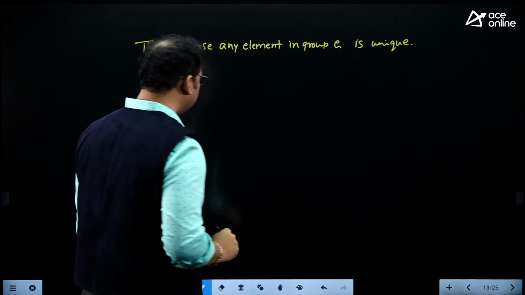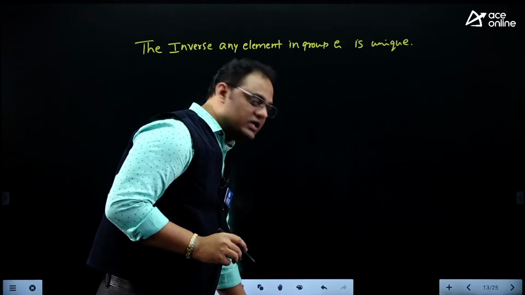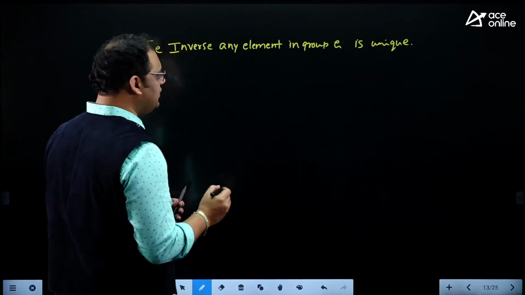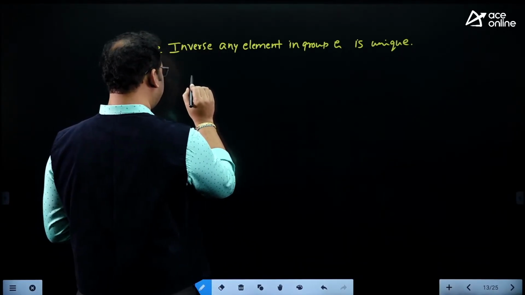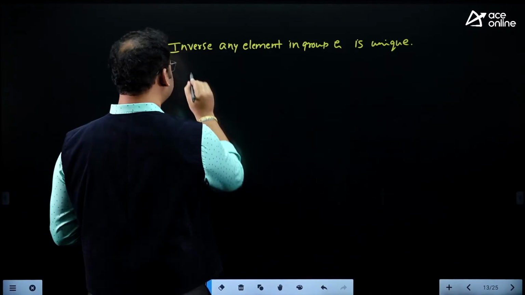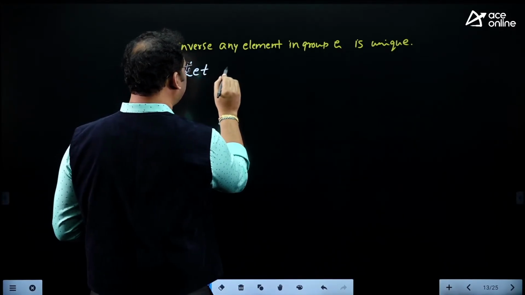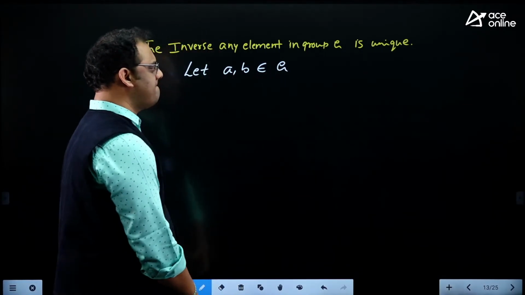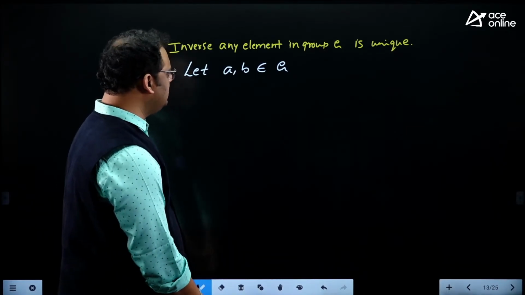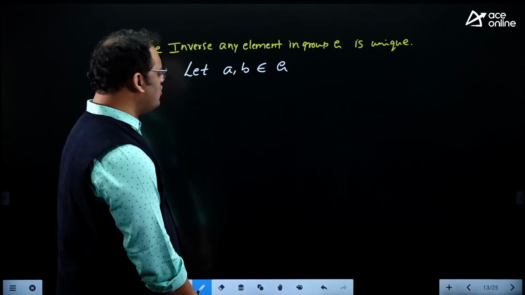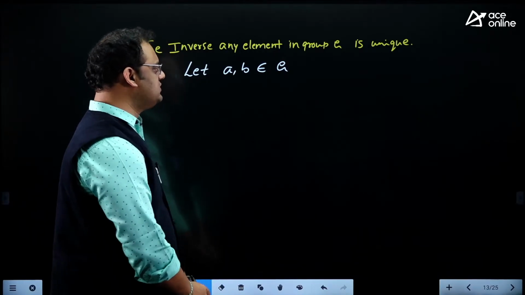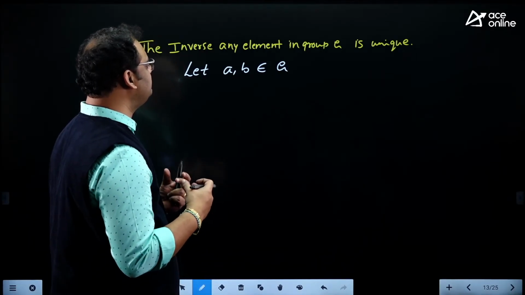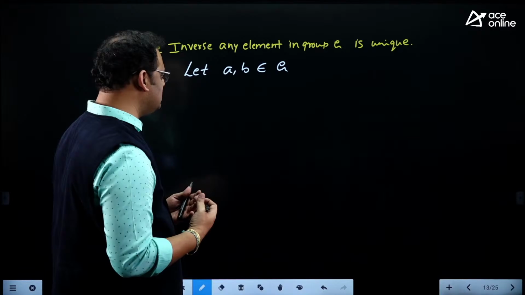In a similar fashion to how we showed identity is unique, in the same way we can think about the inverse also. Let us suppose there are two elements which belong to G. Let A, B belong to G. I think even if I take one element it is okay, but let us take two elements, A comma B belongs to G. And I want to think that A has two inverses.